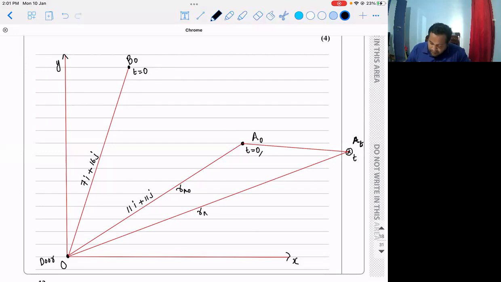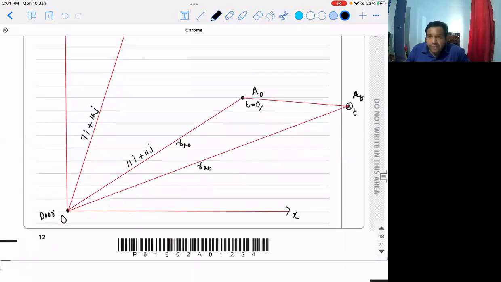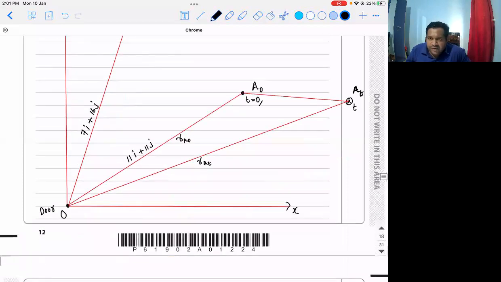So this is the position vector of Agatha at time t. According to the equation that we learned, the new position vector is equal to the original position vector plus speed times time. Am I correct?